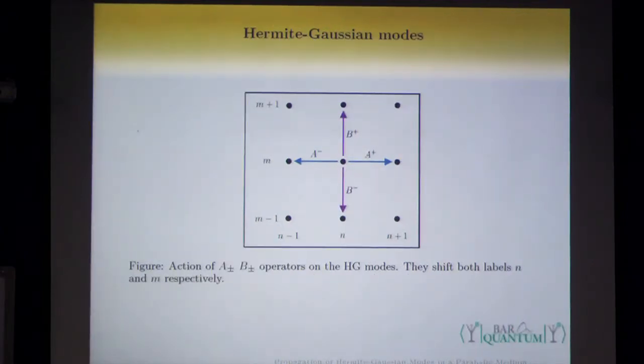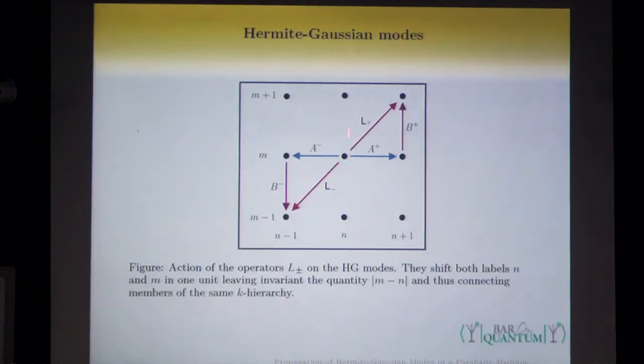Would it be possible to construct other operators which allow us to shift modes in a diagonal way? The answer is yes. We can construct other operators, which are called L plus and L minus, and these are a combination of the operators A and B in this way.